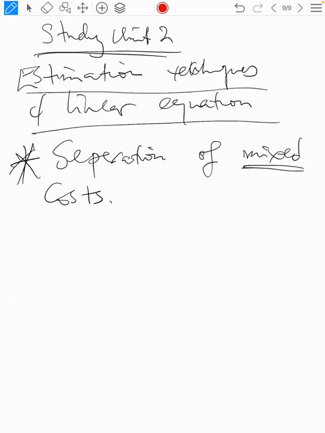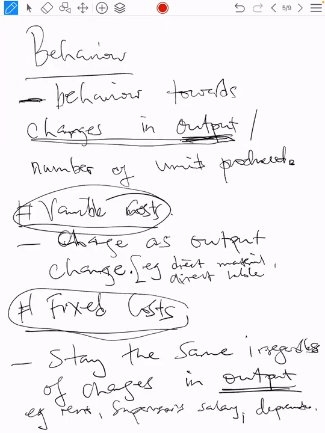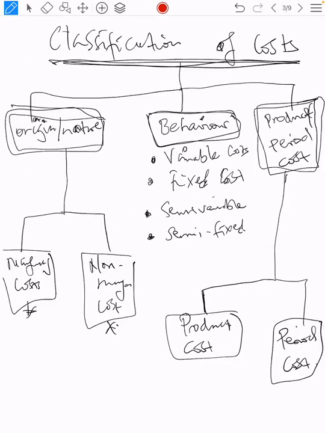Now, what we are going to learn here, good people, is that, remember we said when we classify our cost according to their behavior, you have your variable cost, you have your fixed cost, you have your semi-variable cost. Semi-variable costs are also referred to as mixed costs, right? So they've got an element of fixed and an element of variable.